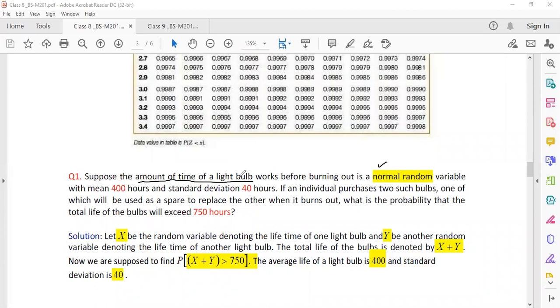And from the previous record or previous data, they know that light bulbs actually behave in this fashion. So when consumers buy light bulbs, they burn the bulb for a certain range of years, from x1 years to x2 years.